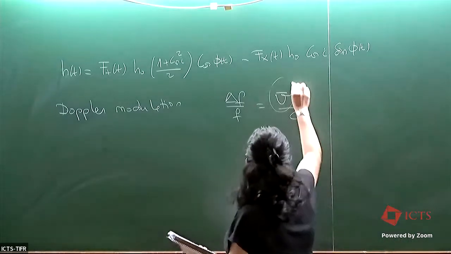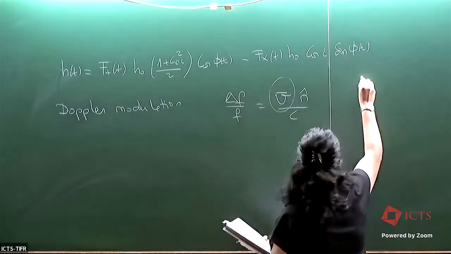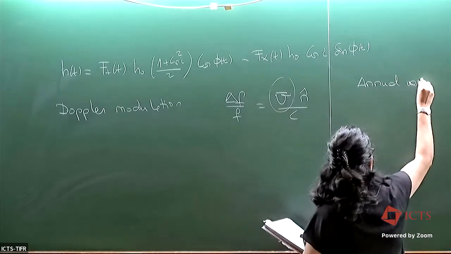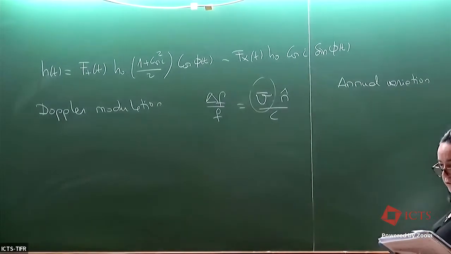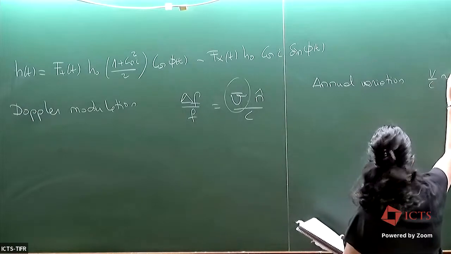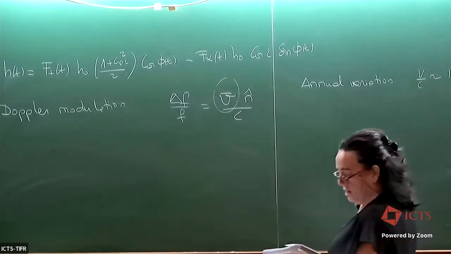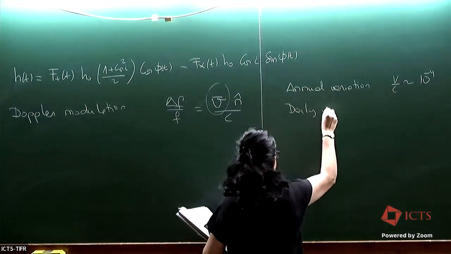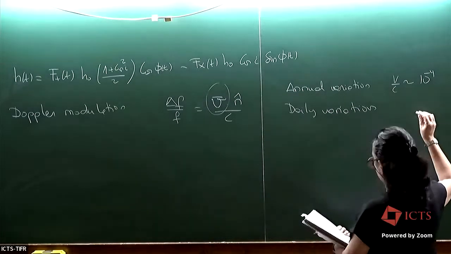So this velocity here has two components. It has the annual variation, and for this annual variation, basically v over c is of the order of 10 to the minus 4. And then there are the daily variations, the daily variations of the rotation.